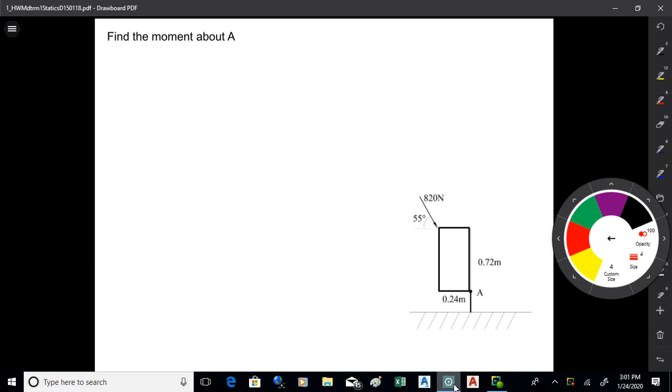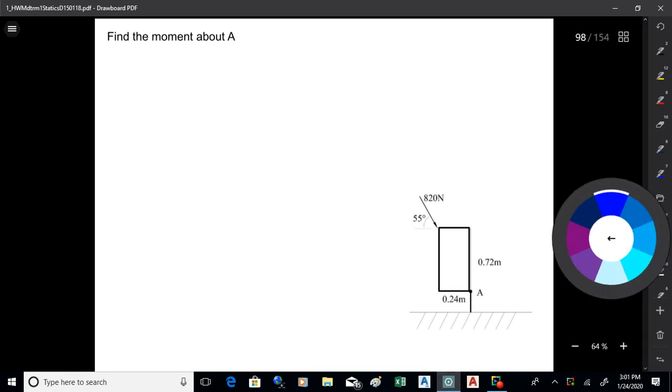The general approach on these things is to break the angled forces up into components and then multiply them by their moment arm. So if you want to sum moments about A, this is 191. I'd probably go cosine of 55.